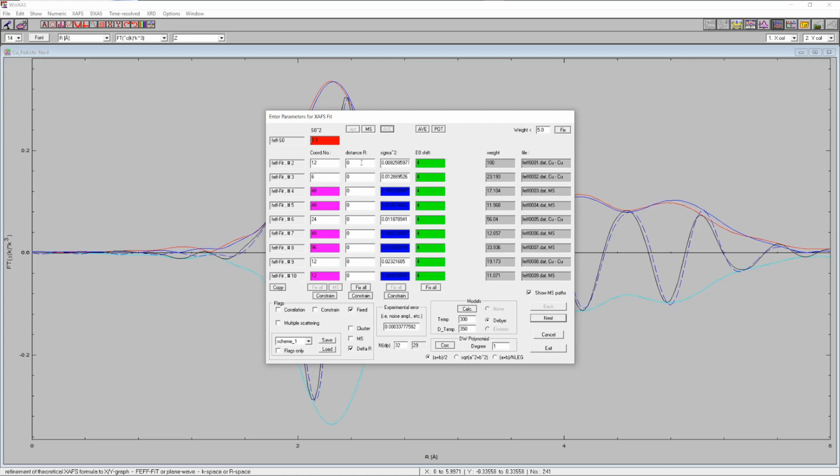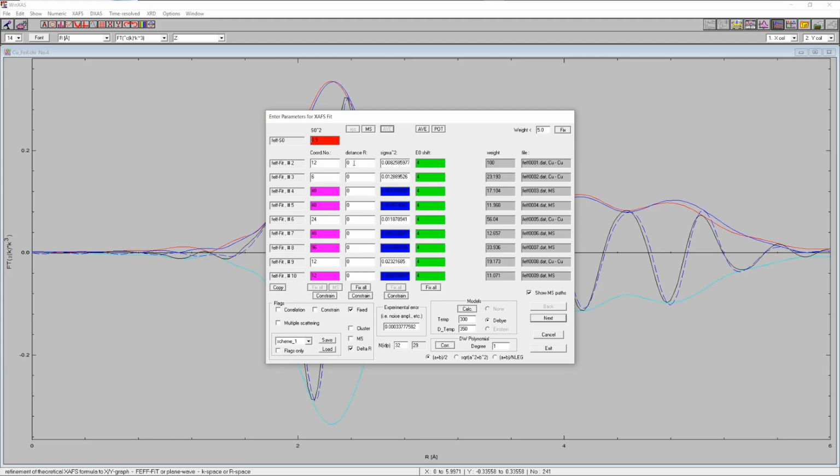You can also use this to, for instance, correlate distances in a model structure that are very close together, but that needs to be taken into account in the refinement. Then you can correlate the delta R of those distances. And we will see an example for that in another tutorial when we look at metal oxides.